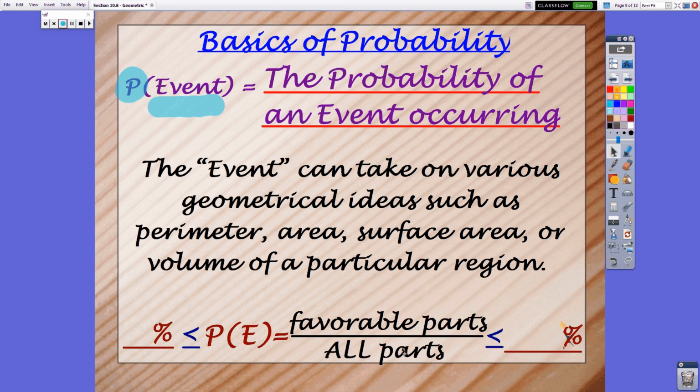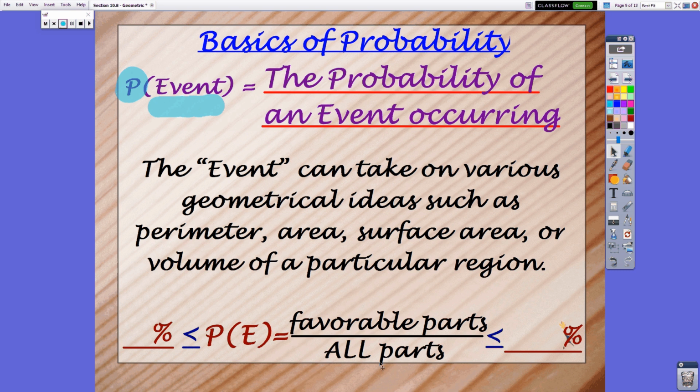For right now, you might be like, but what does favorable mean? What does all mean? We'll look at some examples, and you'll see specifically what I mean. The favorable part is the event actually happening, divided by all parts, which could be not only will that event happen, but also the event not happening as well. That we have to consider as our denominator.